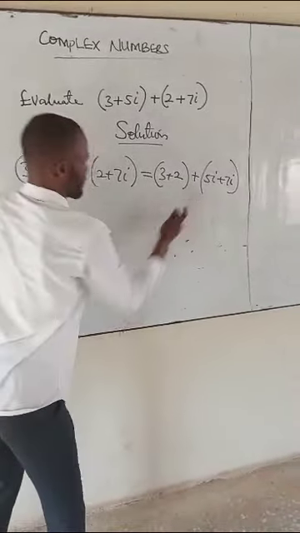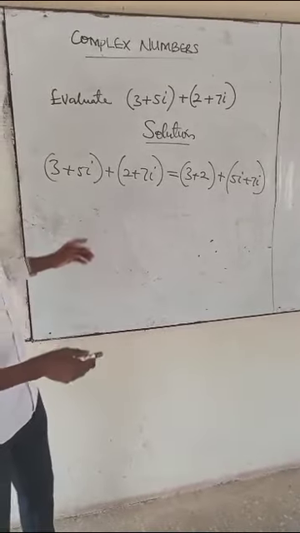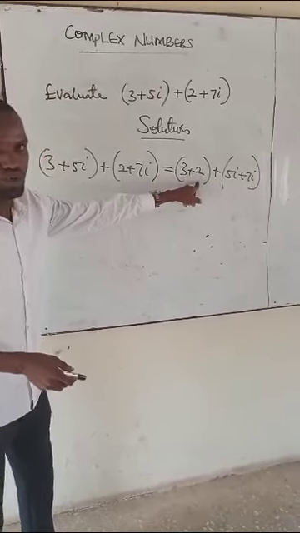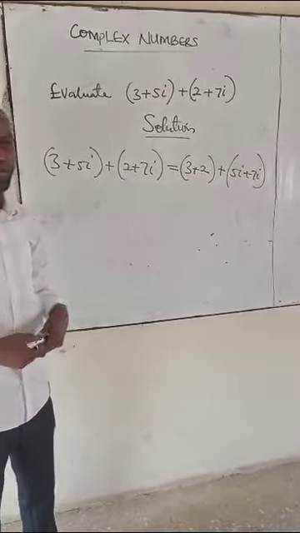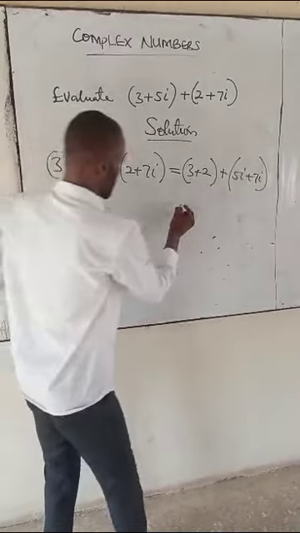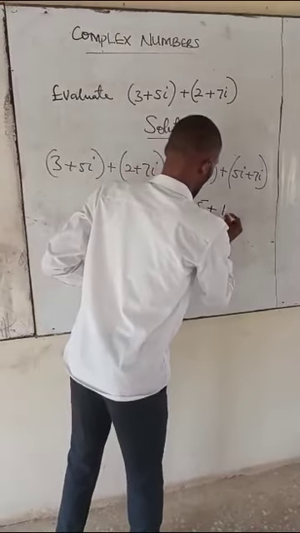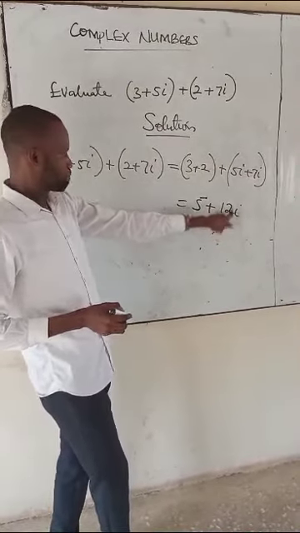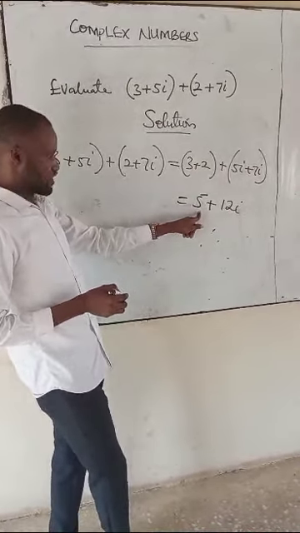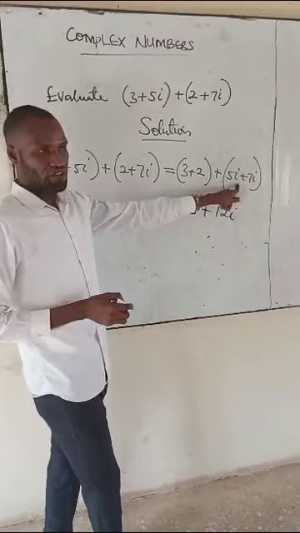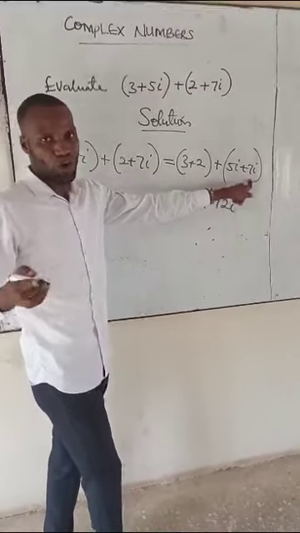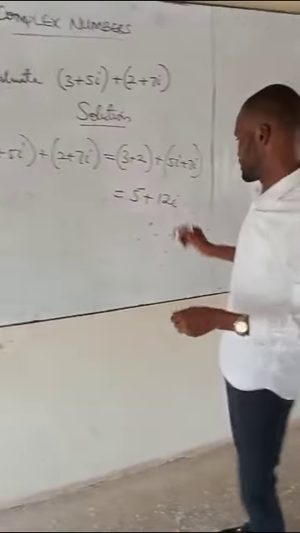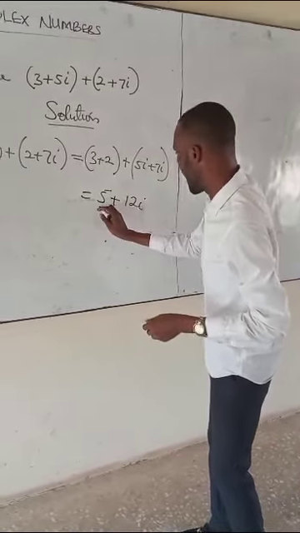As you can see here, I added the real parts 3 and 2 and also the imaginary parts 5i and 7i. Then I obtain 5 plus 12i. 5i plus 7i will give us 12i, and 3 plus 2 will give us 5. Just like when you say 5 oranges plus 7 oranges, you are going to obtain 12 oranges. So this is our answer.